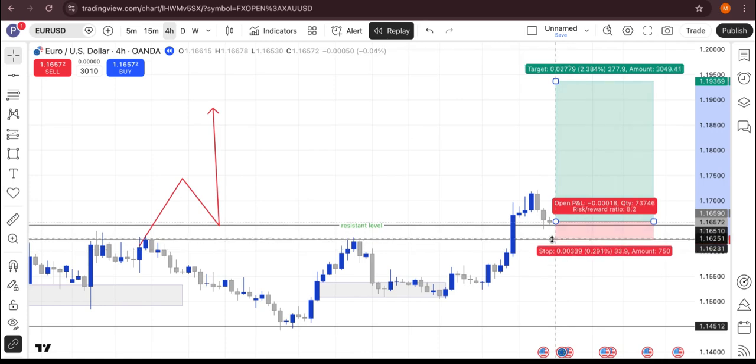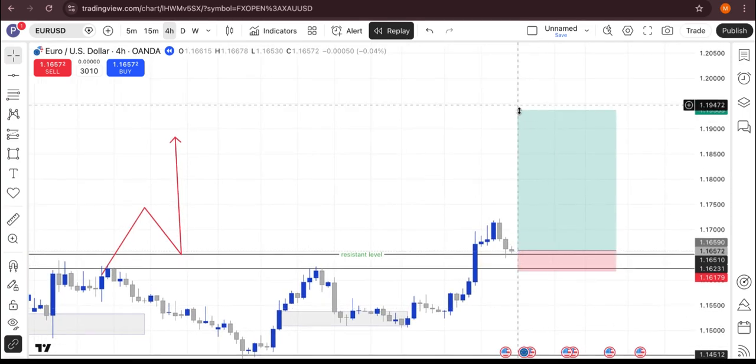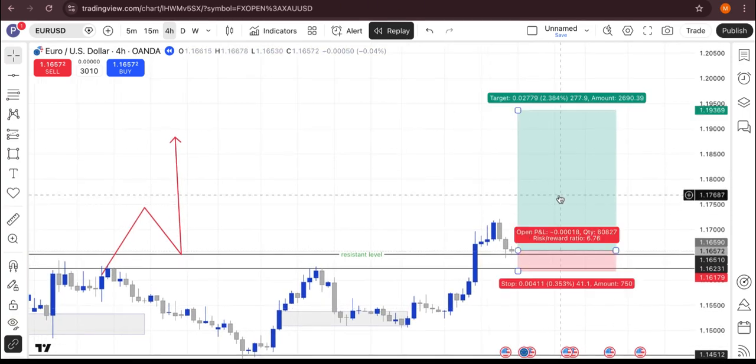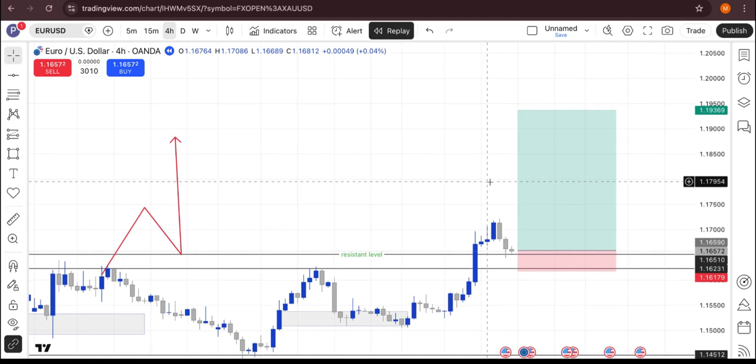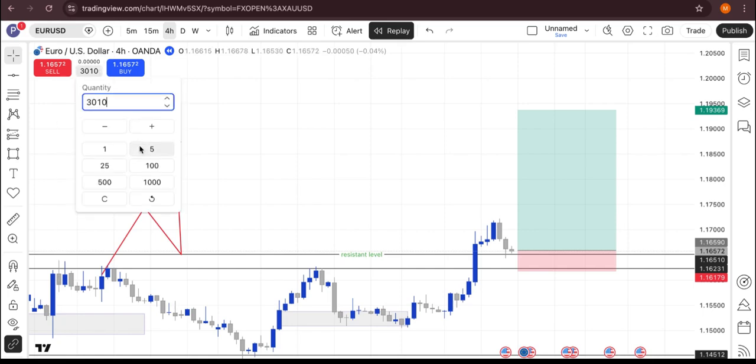So yeah, stop loss is below the previous support level. This one is 1 to 6.76, which means if you are risking $100, you are aiming to make $676, which is actually nice. So right now, let's enter our positions.